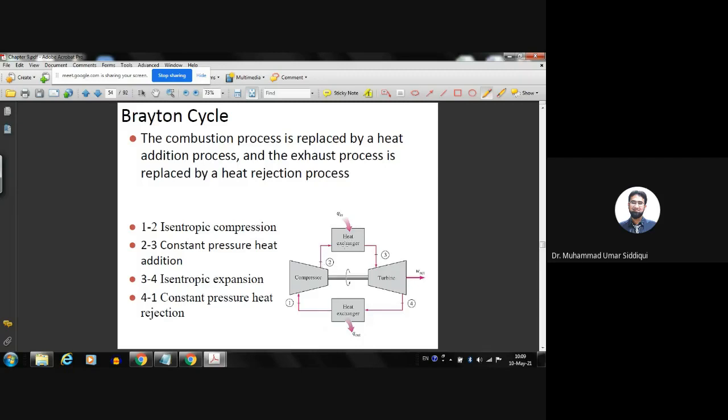The combustion process is considered to be a heat exchanger, where the Q in is going into the working fluid, and the exhaust is considered as a heat exchanger, where the heat Q out is going out from the system to the atmosphere. So the four processes that we have are the isentropic compression, then the constant pressure heat addition, then the isentropic expansion, and constant pressure heat rejection.